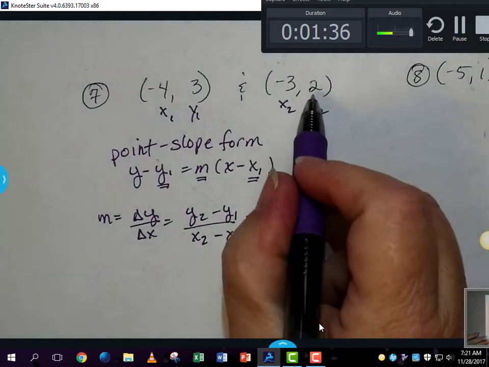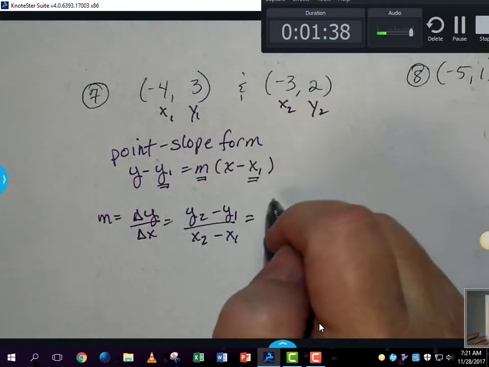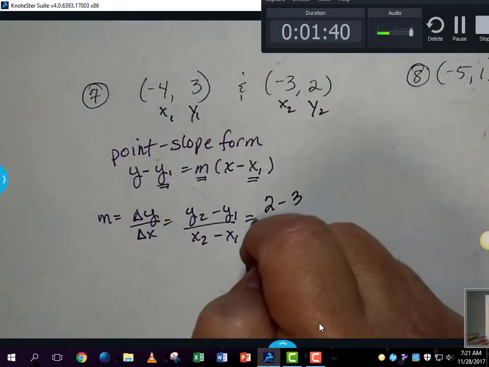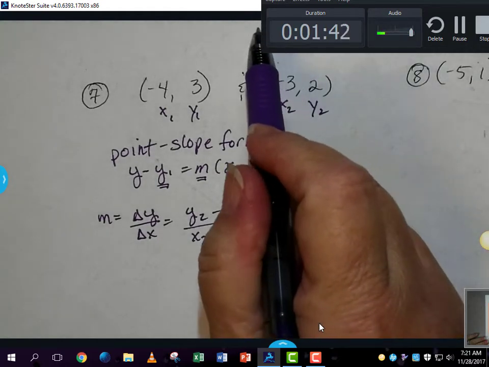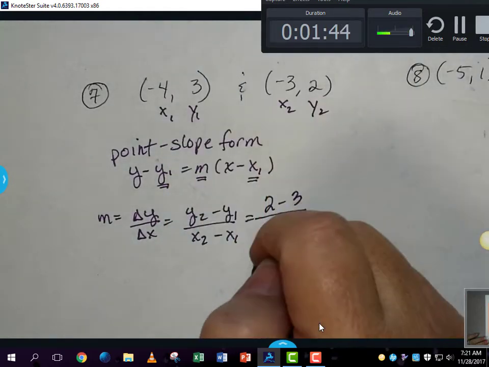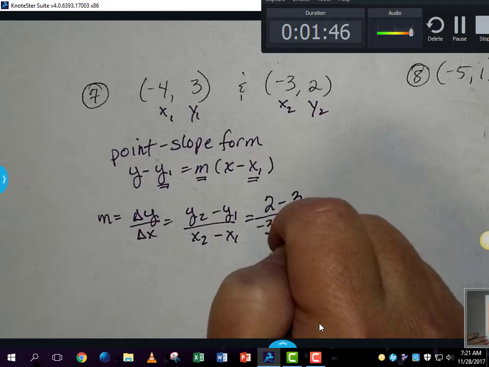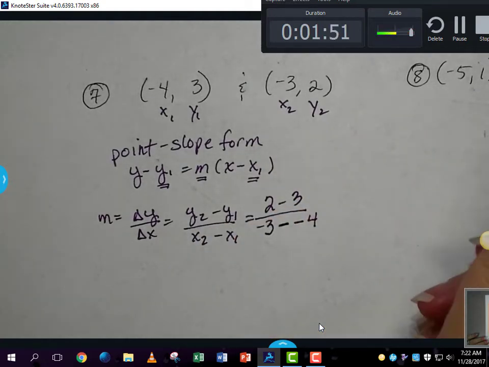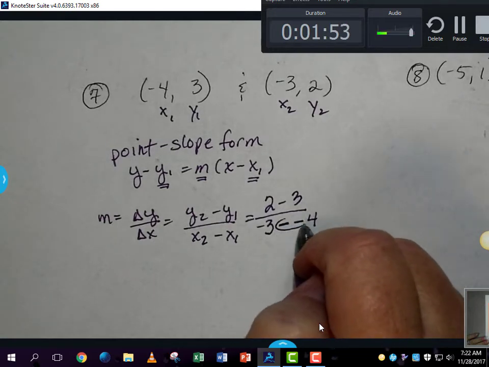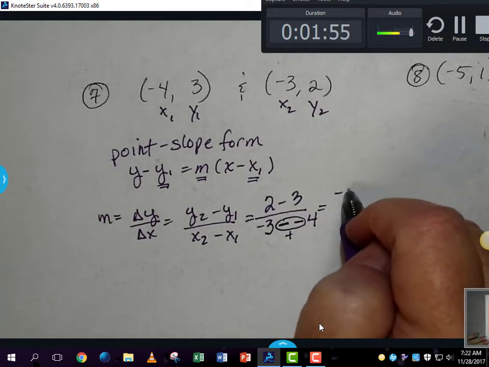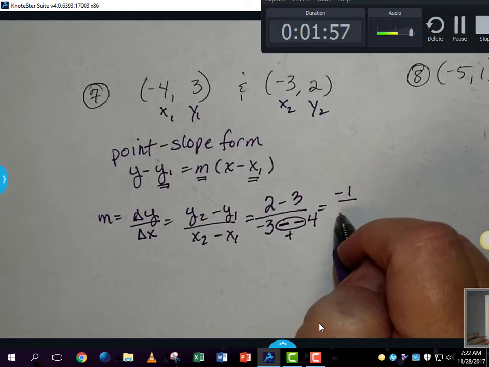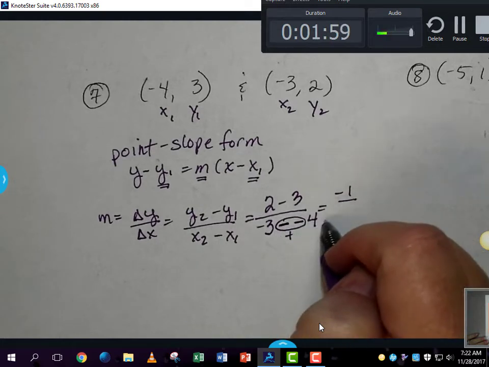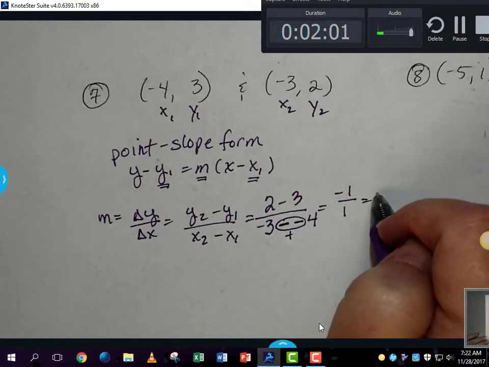Okay, so that's going to give me 2 minus 3 divided by negative 3 minus negative 4. Negative 3 minus from the formula, and negative 4 because that's what x1 is. So when you subtract a negative, we're really adding. So I'm going to have negative 1 divided by positive 1, which is just negative 1.